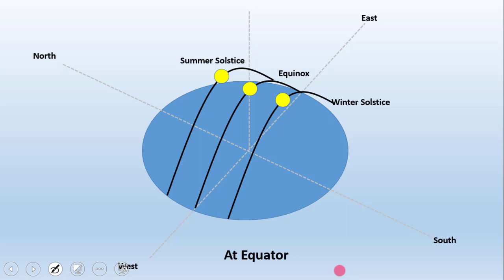The position of the sun at equinox, summer solstice and winter solstice is shown here in the picture. If a person is standing here, then at equinox, which is March equinox, 21st March, and September equinox, which is 21st September, the sun will be right at the top of his head.